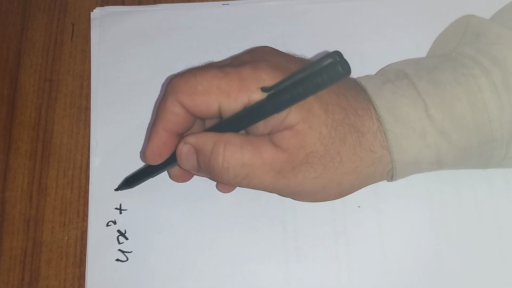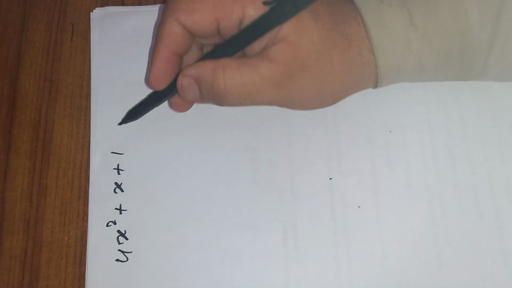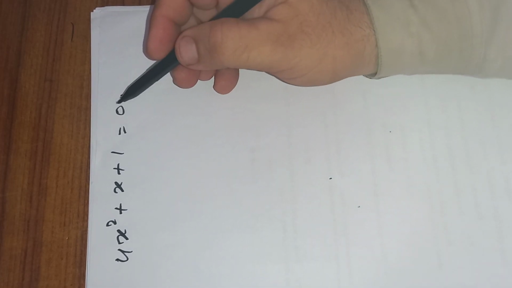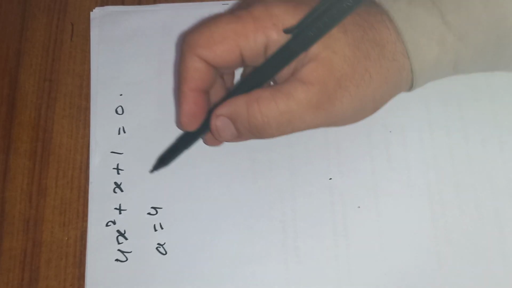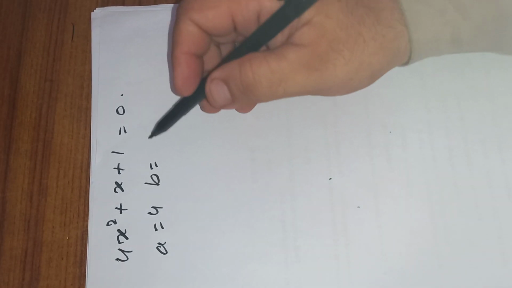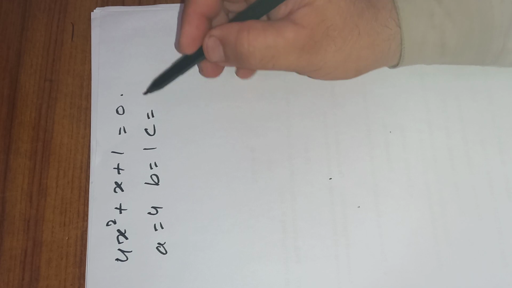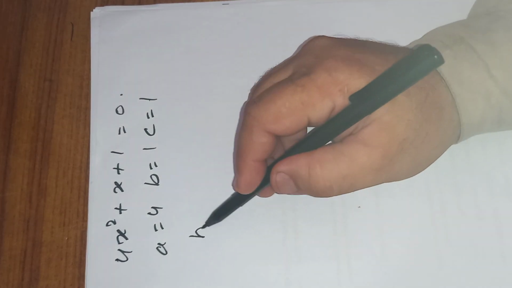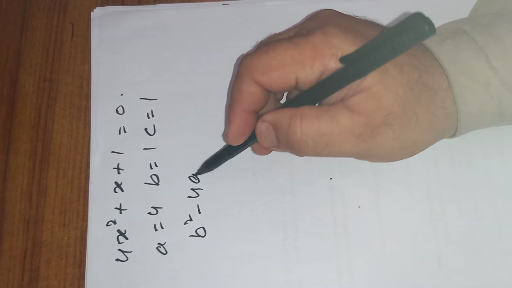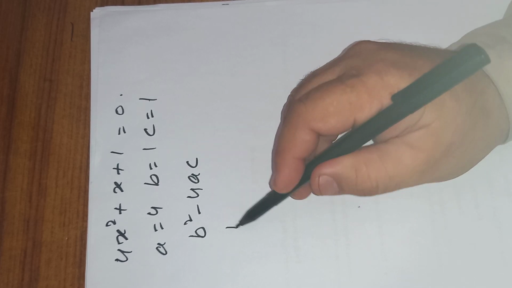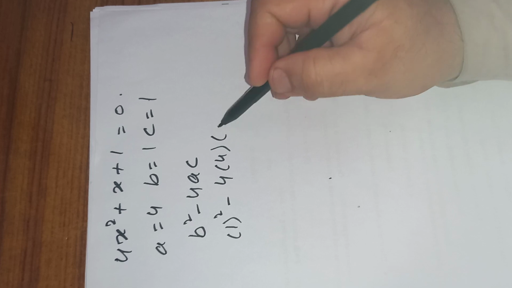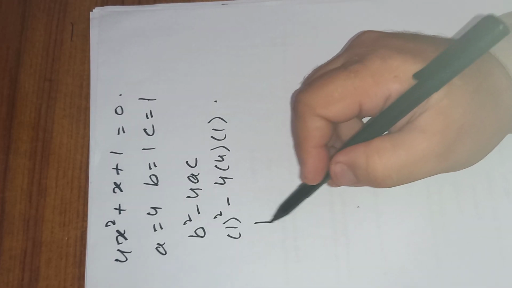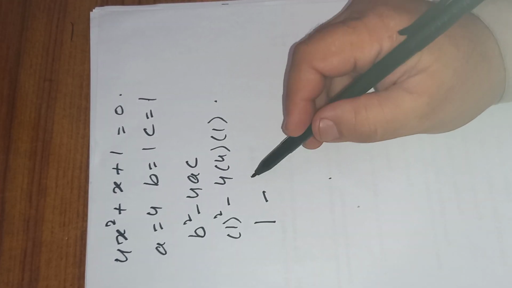So we have one more to go, and that is 4x square plus x plus 1 equal to 0. Here we have a equal to 4, b equals 1, c is also 1. The discriminant b square minus 4ac, we insert the value of 1 square minus 4 into a into c. So 1 square is 1, 4 fours are 16.